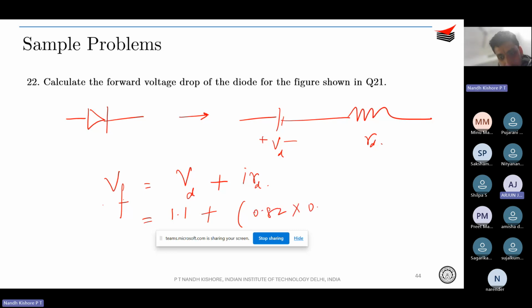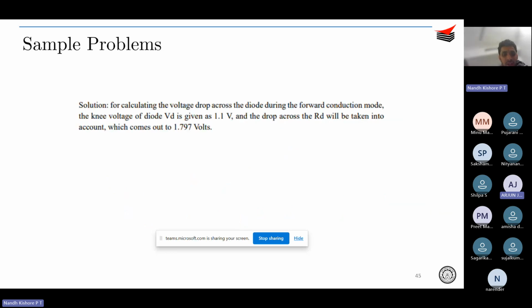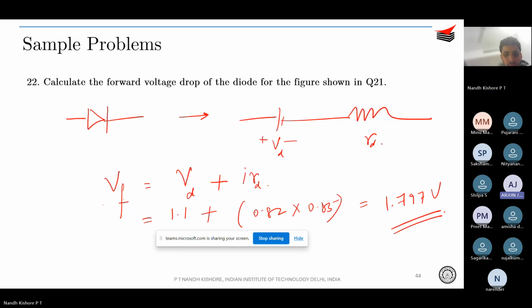So 0.82 into 0.85 plus 1.1 gives 1.797 volts. So this is your forward voltage drop.